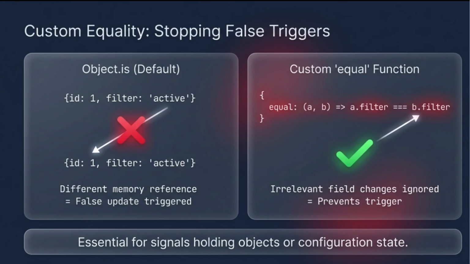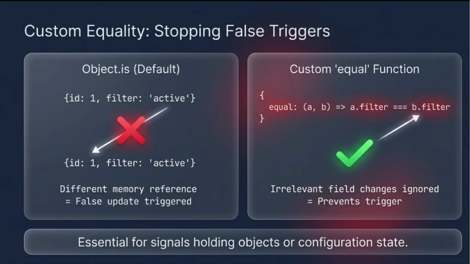By default, the debounced function uses Object.is to compare values, which is strict equality. So if your signal holds an object like a filter config, you'll want a custom equality function so it doesn't re-trigger when irrelevant fields change. It only triggers when the field you care about changes. That's how you can add the equality operator based on what type of values your signal holds.